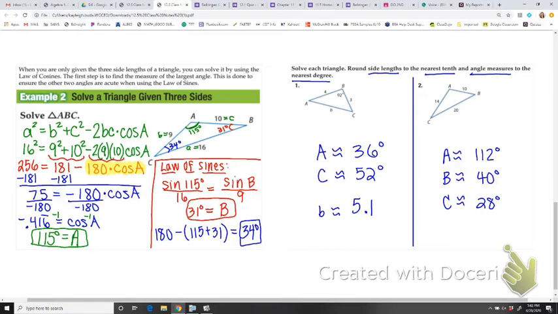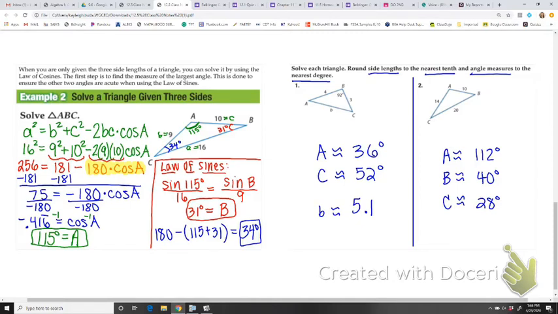And then if I want the angle at B, I can use sine of angle B over its opposite side, 9. Use cross products again, the inverse sine, and you get the angle at B is 31 degrees. And now you have 2 out of the 3 angles, so you add up 115 and 31 and subtract it from 180, and you get 34 degrees for the angle at C.